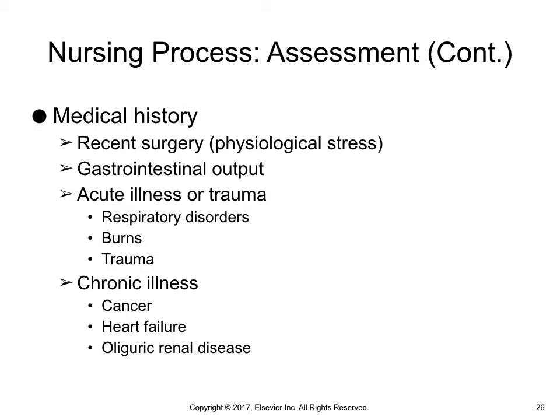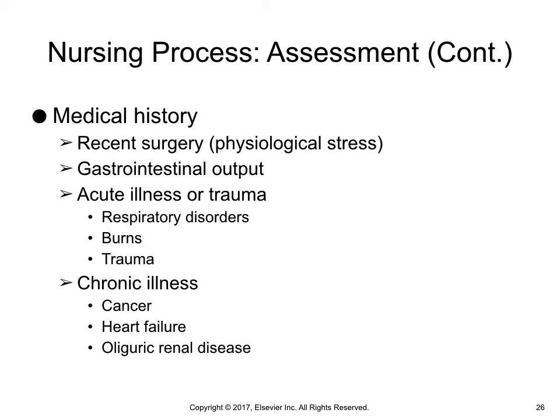Many acute respiratory disorders predispose patients to respiratory acidosis. For example, bacterial pneumonia causes alveoli to fill with exudate that impairs gas exchange, causing the patient to retain carbon dioxide, which leads to increased PaCO2 and respiratory acidosis.